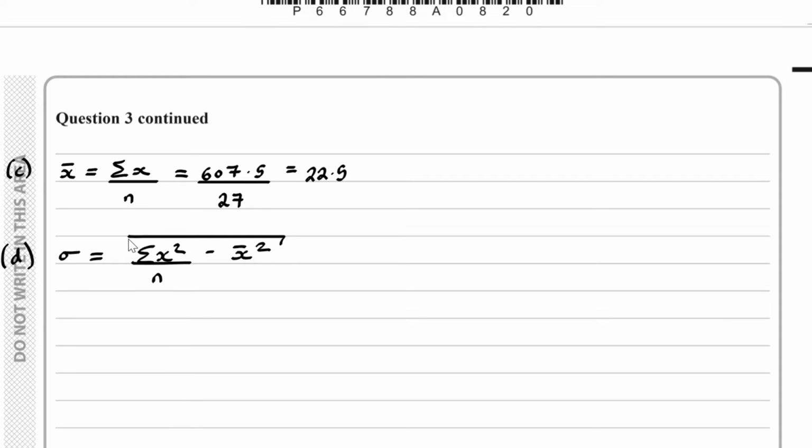So this over here is our formula for the standard deviation, and substituting our known values, we have 17,623.25 divided by 27 minus 22.5 squared, and then all of this is square rooted.